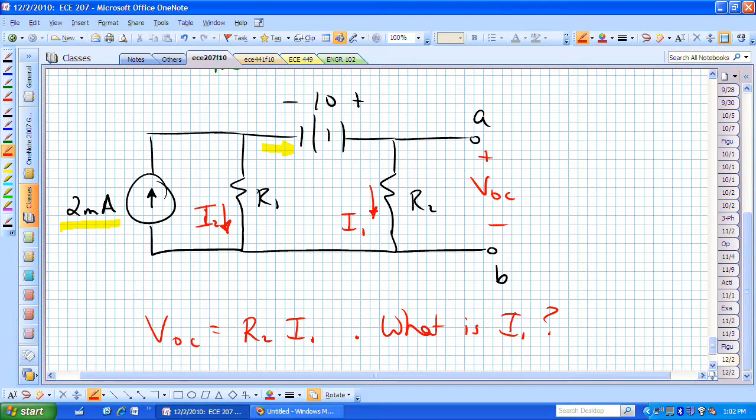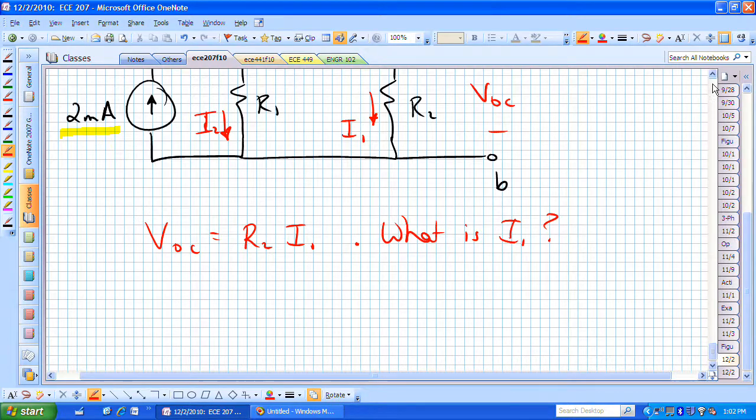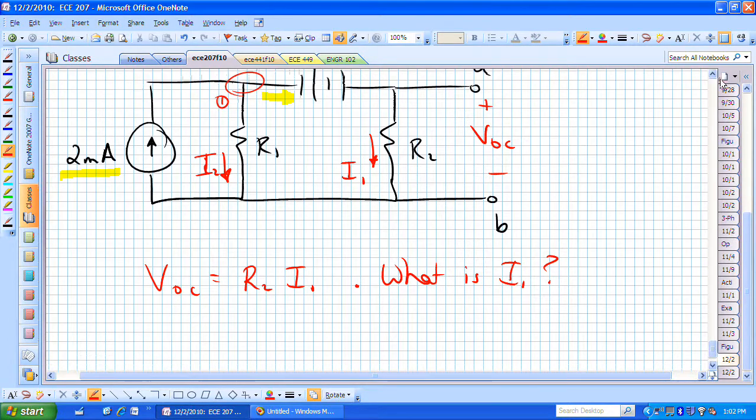Let me call that I sub 2. Now I'm really asking, what is this KCL relationship at node 1? KCL at 1 says the current coming in, which is 2 milliamps, must equal the current leaving, which is I sub 2 plus I sub 1.